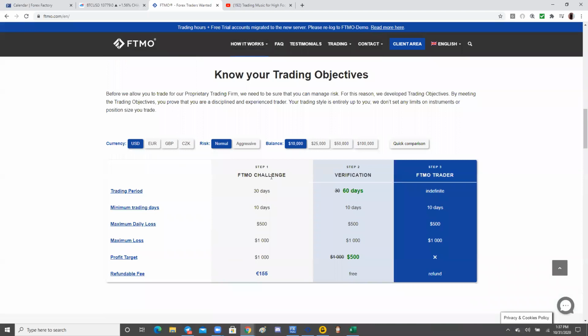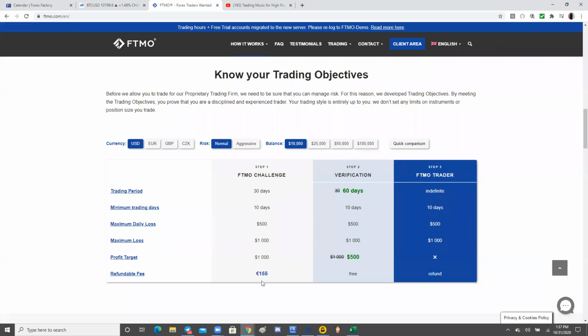So here, the challenge: you have 30 days, 10 days minimum, a max daily loss of 500. After the challenge, you then go on to the verification process, which is step two. In step two, you then have 60 days to hit a target of $500. So they cut it in half. At first, 30 days, they want to make sure, using proper risk management, that you were able to achieve this profit target of $1,000.